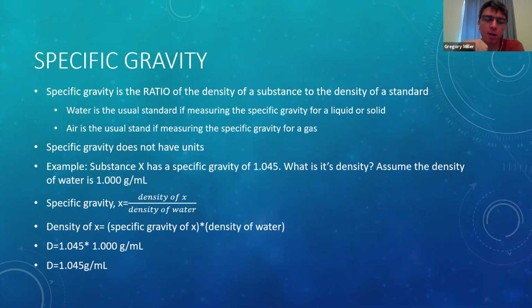Our first number, 1.045, has 4 significant figures. That 0 does count. It is a sandwich 0. The second number, 1.000, also has 4 significant figures. Those 3 zeros are trailing zeros with a decimal point, so all of them count as well. So both of them have 4 significant figures. Our answer should have 4 significant figures, and in this case it does. We don't need to round. So that's how to find density using specific gravity.